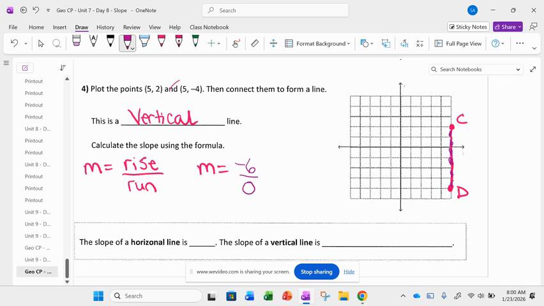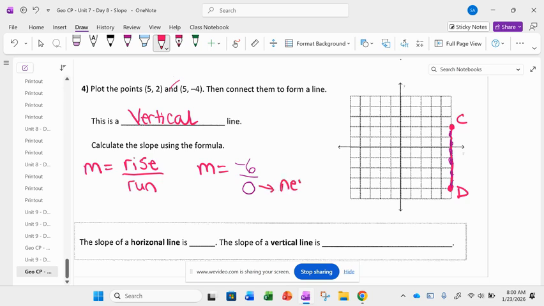Does anybody remember? Are we allowed to ever have a 0 in the denominator? No. If you type in your calculator a number divided by 0, it comes up an error. It's undefined. This isn't something we're allowed to do. We're never allowed to have a 0 in the denominator.